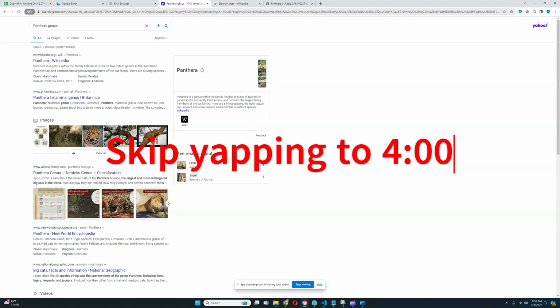It's one of the two extant genera within the subfamily Pantherinae and contains the largest living members of the cat family. It contains tigers, jaguars, lions, leopards, and snow leopards, and a number of extinct species. Okay, so it's a pretty big family, and tigers are a part of this family. Very, very interesting.